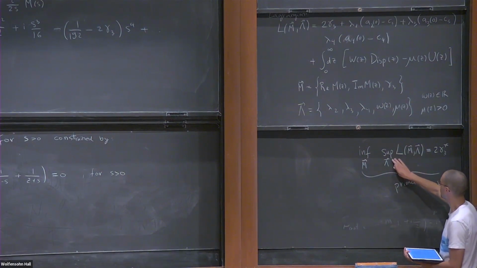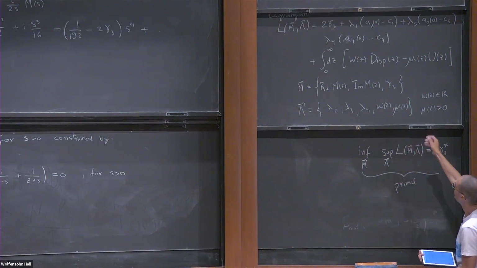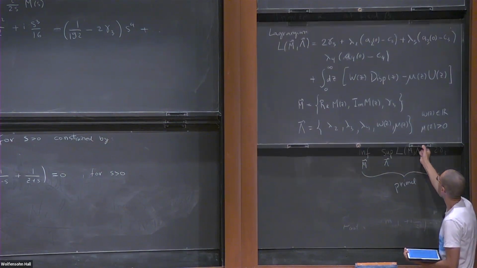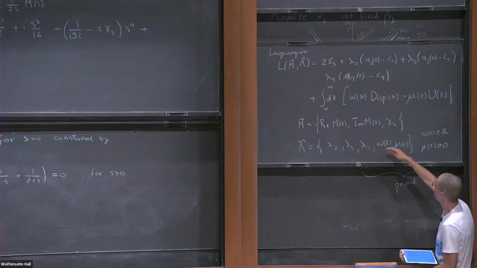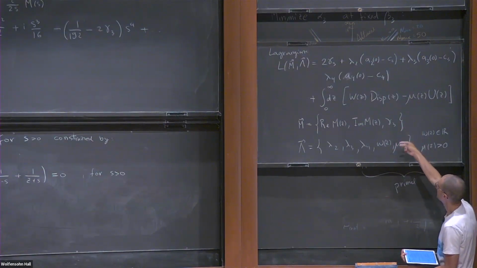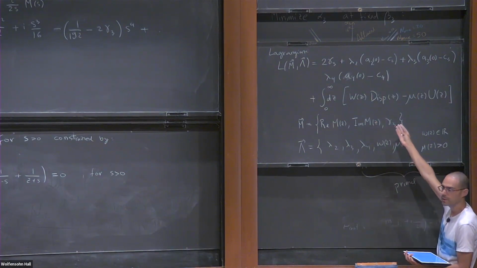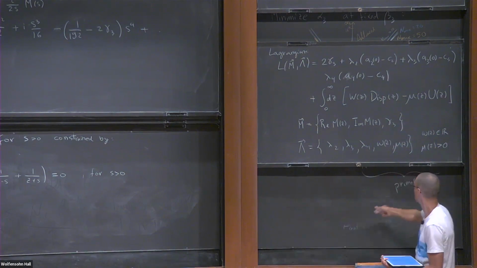So first you maximize with respect to the dual variables. So the variables that are real numbers, right? The lambdas and the W's, maximizing with respect to it basically just means imposing the constraints, right? So it imposes the equality constraints that you have there.